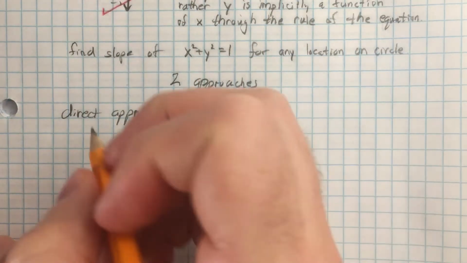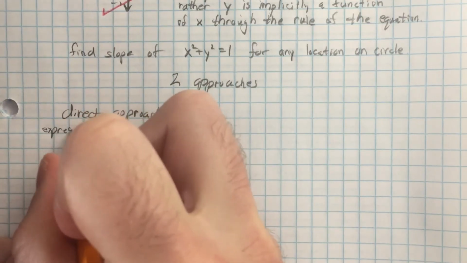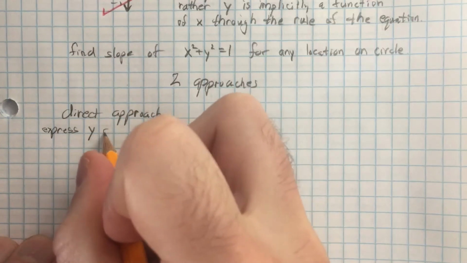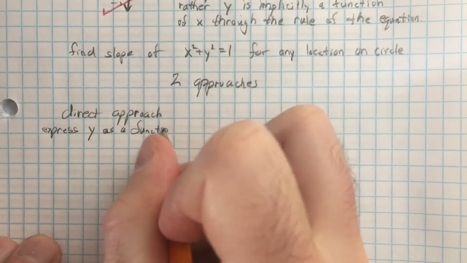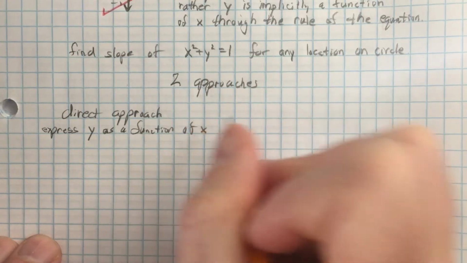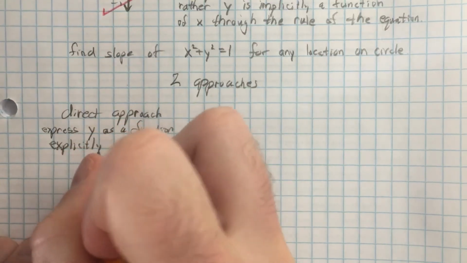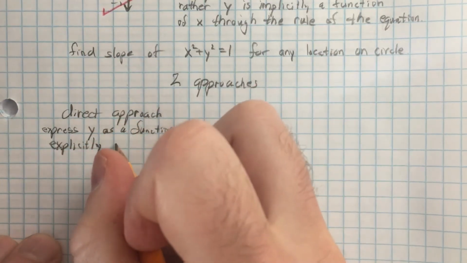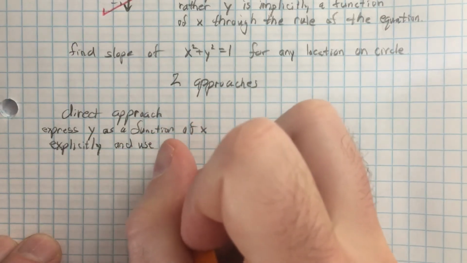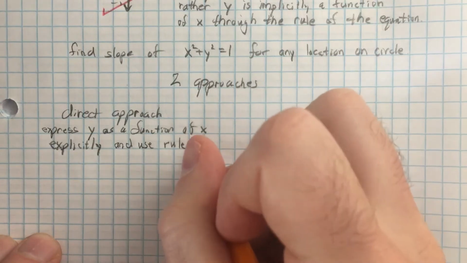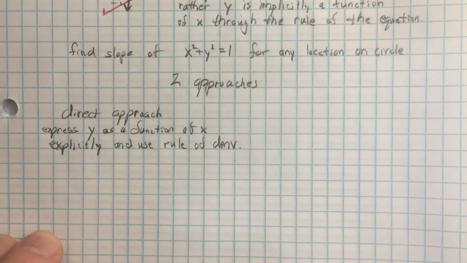So the direct approach is to express y as a function of x explicitly and use the rules we have so far to find the derivative. All right.